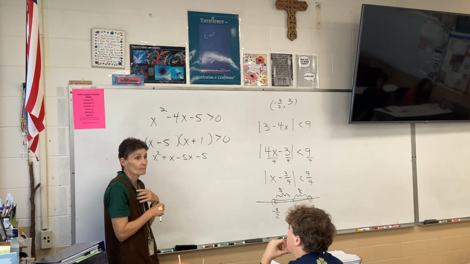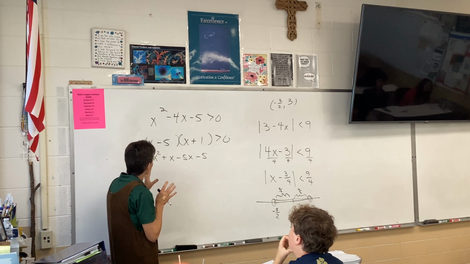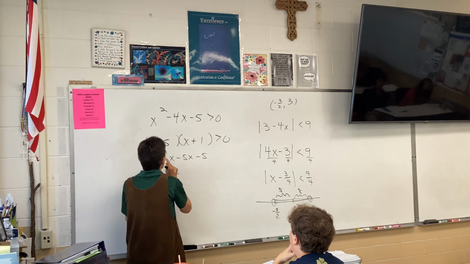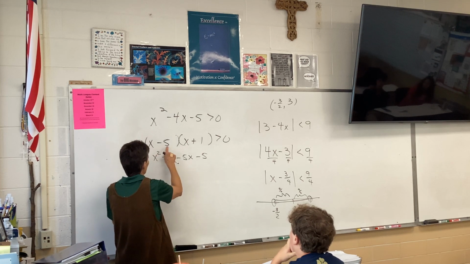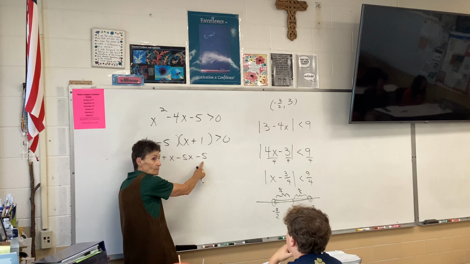Is that supposed to be 4? The 5? Negative. Doesn't it have to multiply to 4 though? And then add to 5? No. When you FOIL, this times this gives you this number. I thought it multiplied to 4, added to 5 at the original.